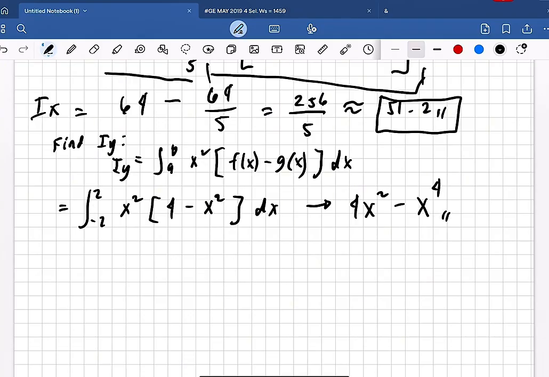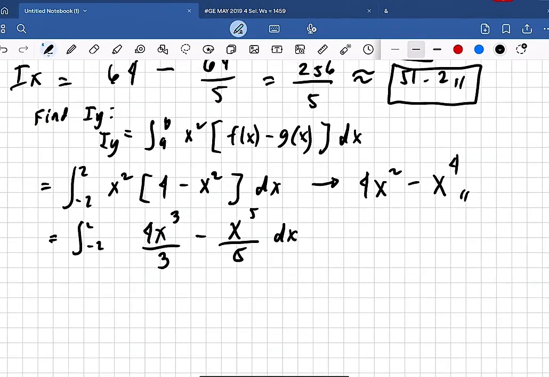Now let's integrate this. 4x squared becomes 4x raised to 3 over 3, right? And x raised to 4 becomes x raised to 5 over 5.